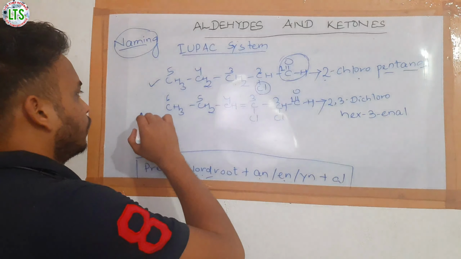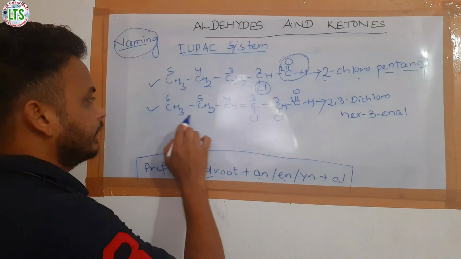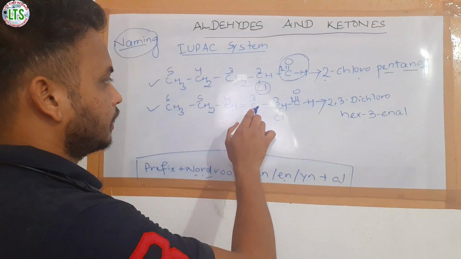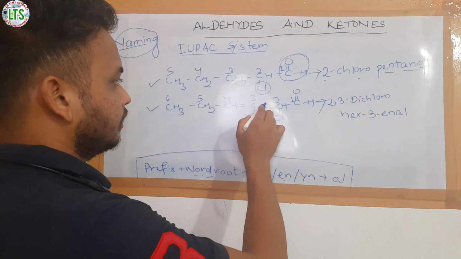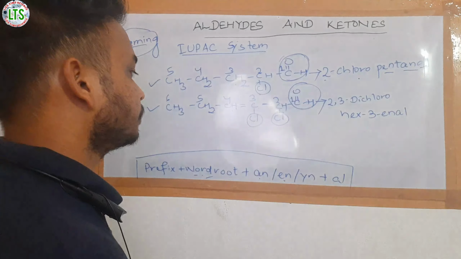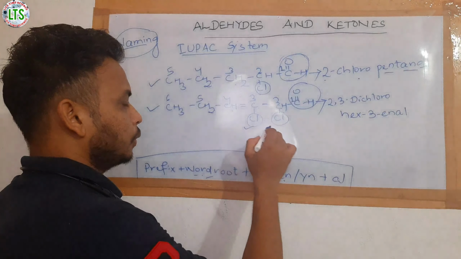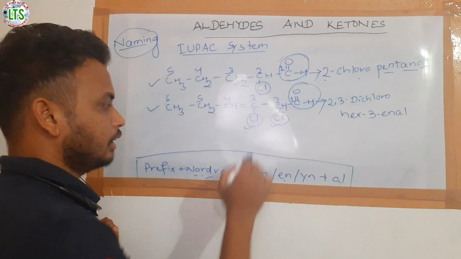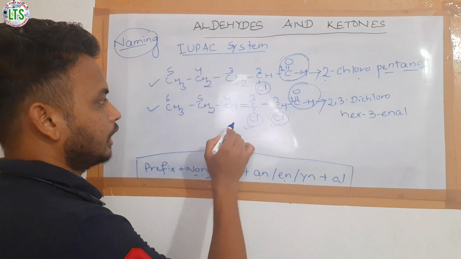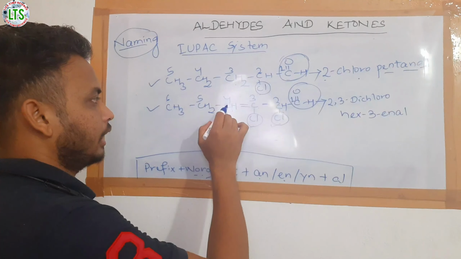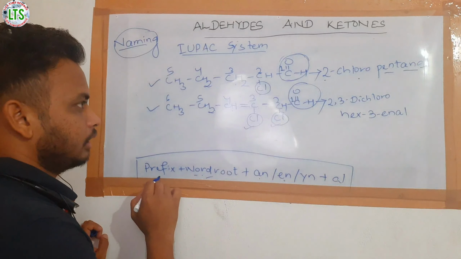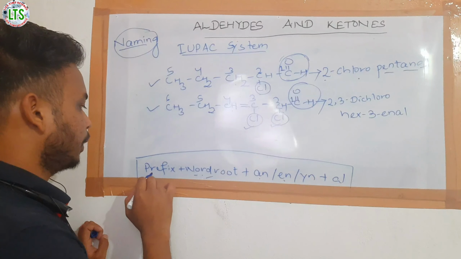Next, another type of compound is CH3-CH2-CH=CCl-CHCl-CHO. Here two Cl groups are present, and one double bond is present between carbon number 3 and carbon number 4. So the naming will start from the prefix.